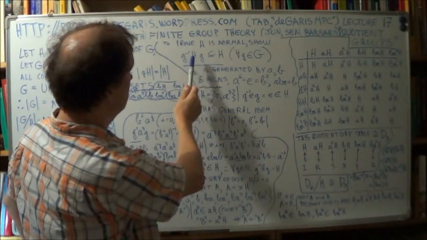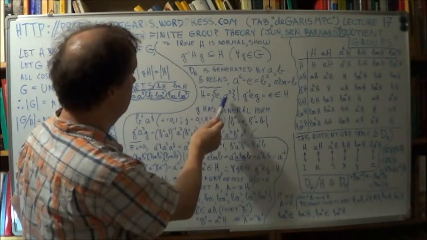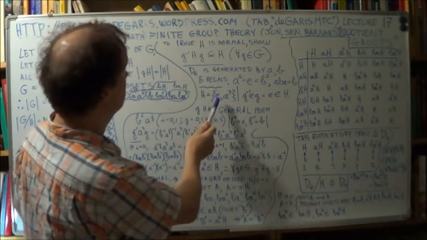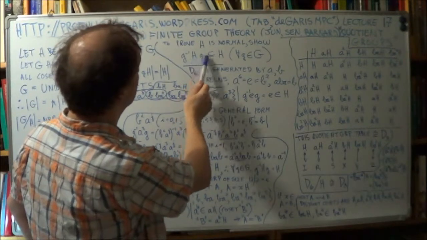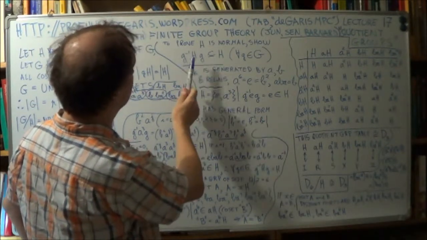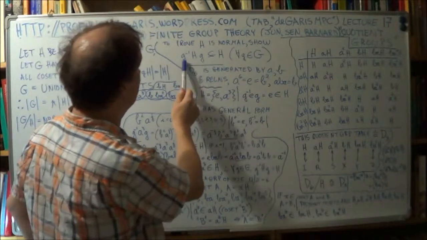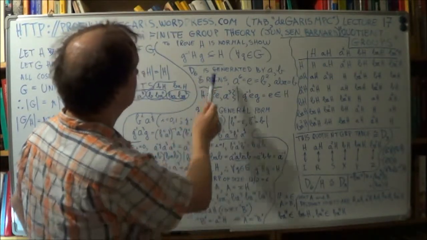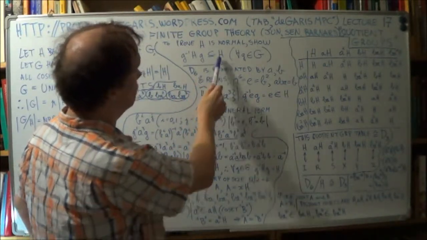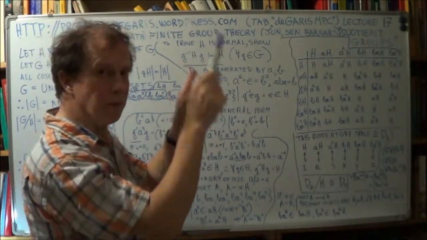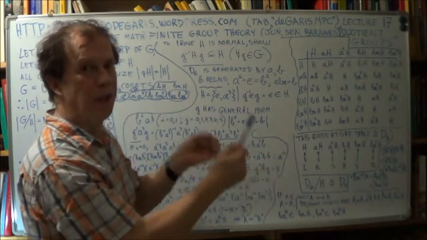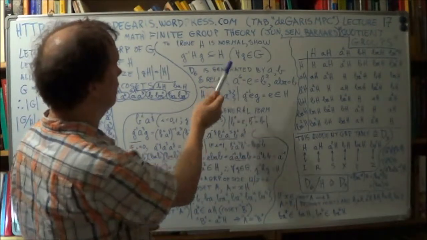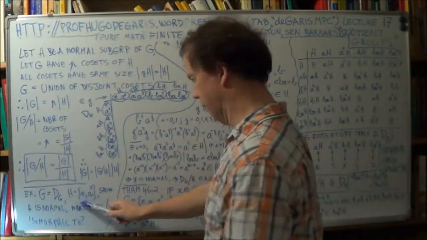So H contains just 2 elements, E and A cubed. So let's do it for E. Let's put an E in here and see if this result, for whatever element we choose, belongs to H, this subgroup that consists of E and A cubed. That's what H is from here.